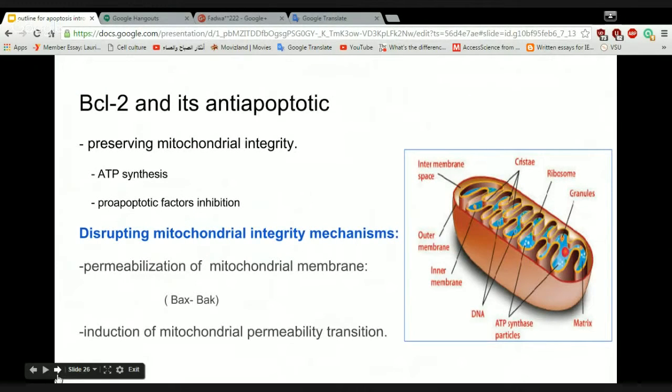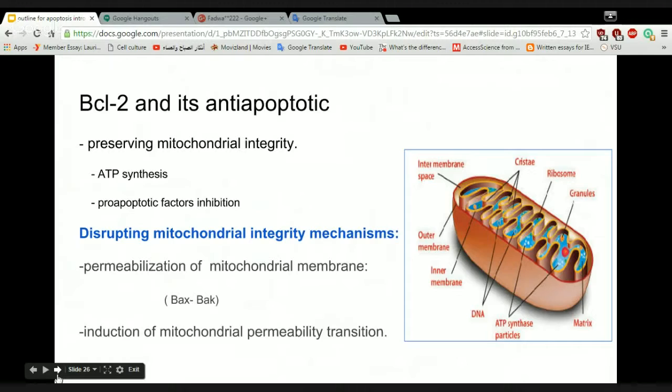The major function of the BCL2 family is to preserve mitochondrial integrity, thus maintaining ATP synthesis and inhibiting release of pro-apoptotic factors like cytochrome C, which activate the caspase cascade. However, mitochondrial membrane integrity is disrupted during apoptosis by two mechanisms.